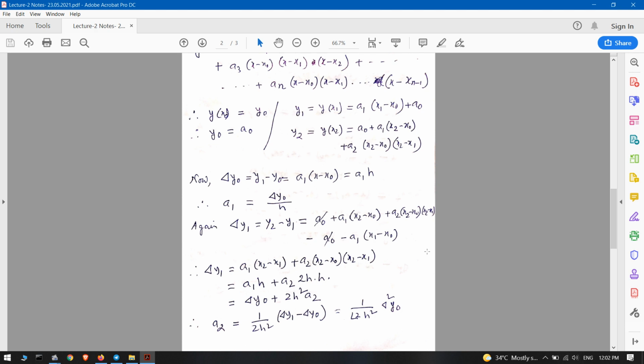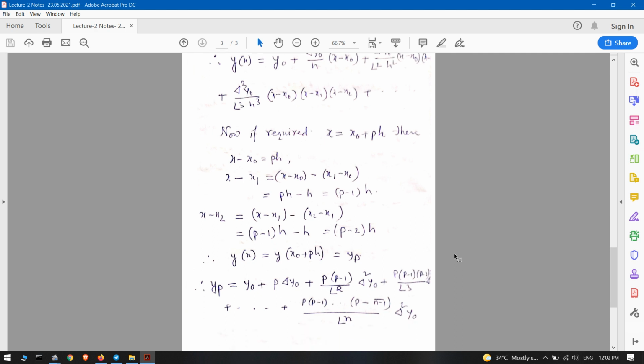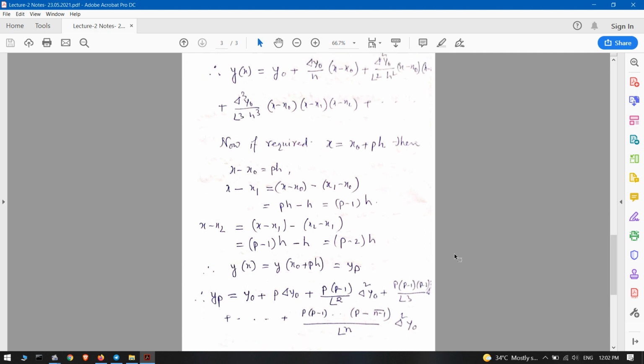Similarly, to calculate y1, we have to put in this expression x equal to x1, and we get y1 equal to a0 plus a1 into x1 minus x0. In the same method, if we calculate y2, then we have to put x equal to x2, and that value will be a0 plus a1 into x2 minus x0 plus a2 into x2 minus x0 into x2 minus x1.